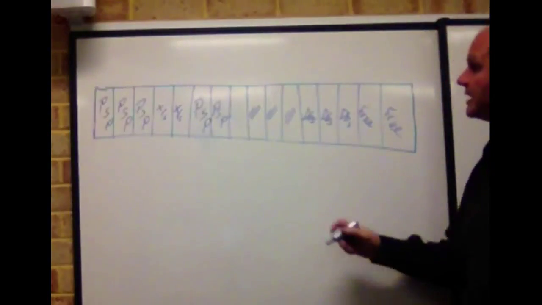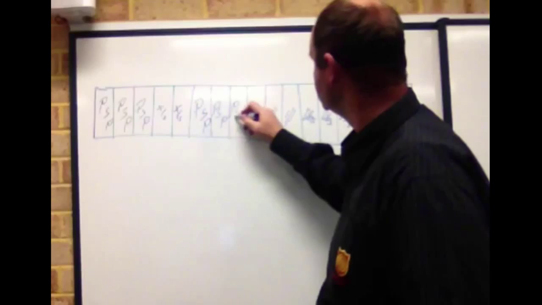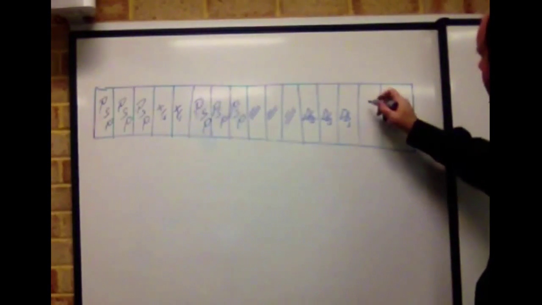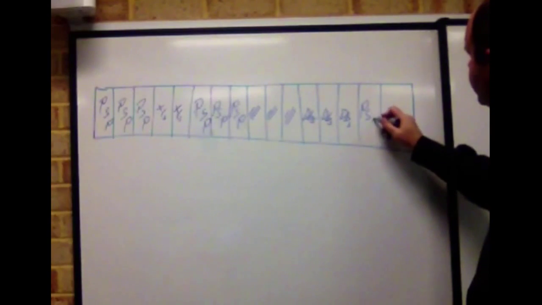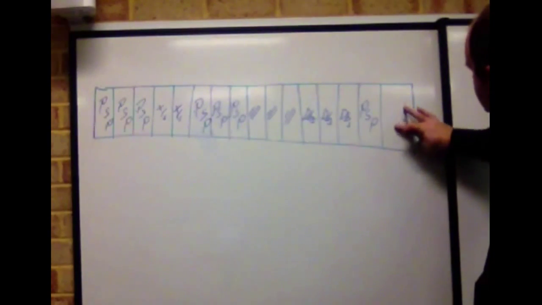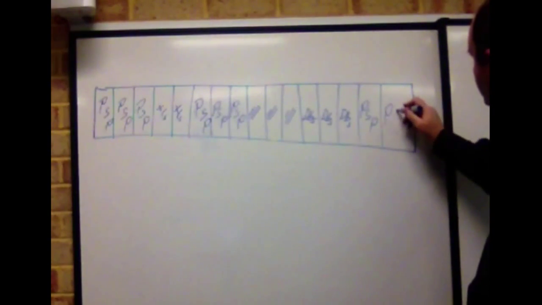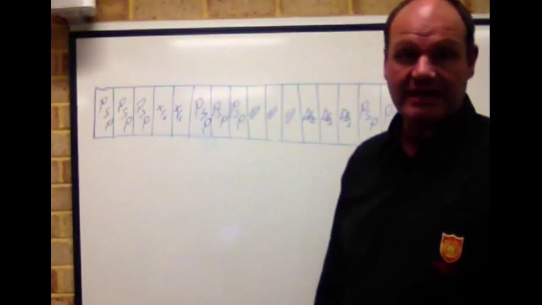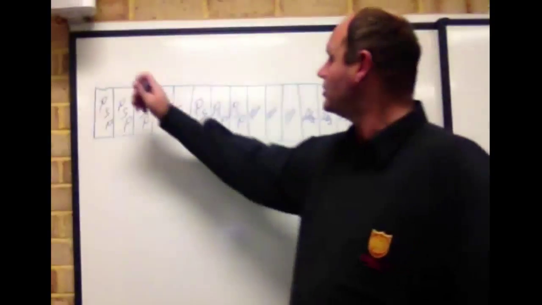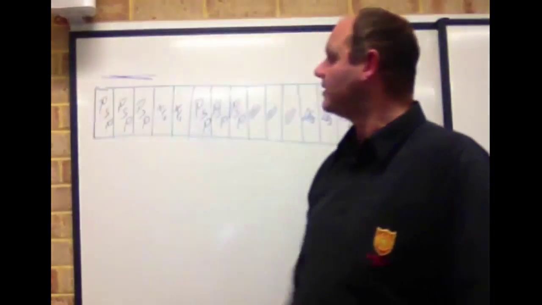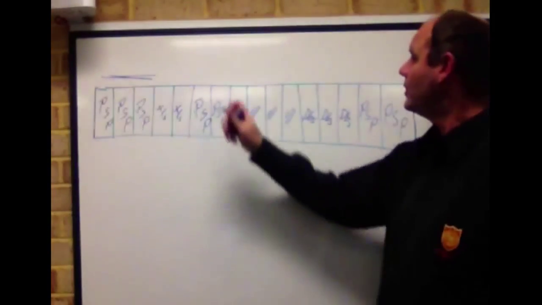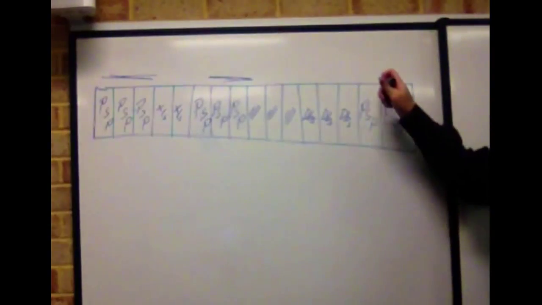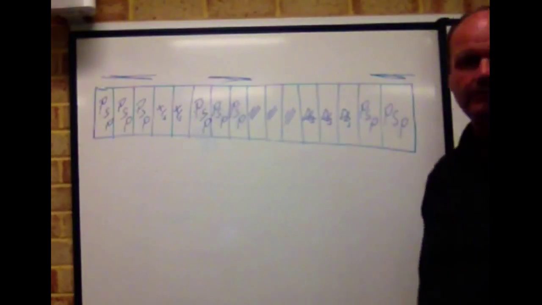And we've got some free tracks up here. So let's say that the file needs this space as well. Well, you can see that we've got the Photoshop file here, here, and there.